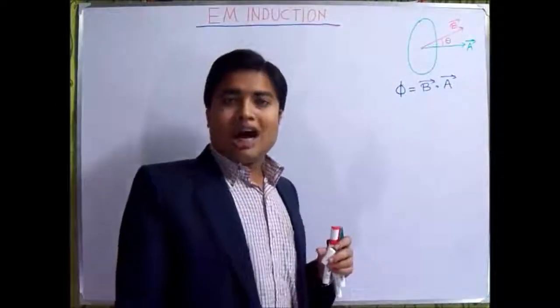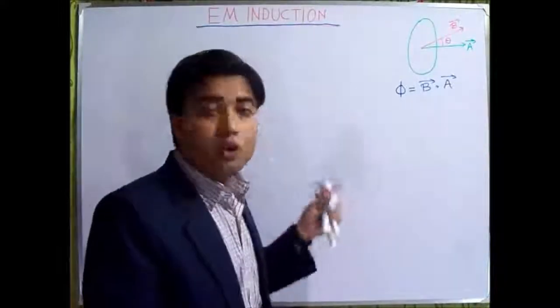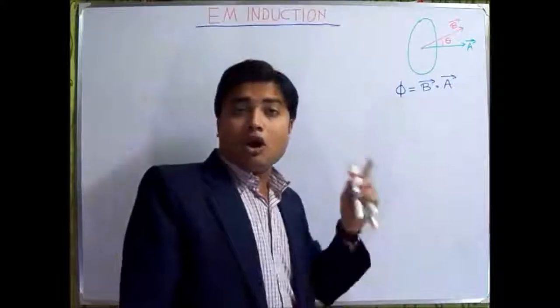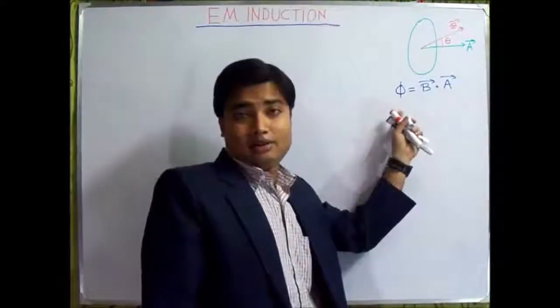From vector notation we know that a dot product of two vectors always gives a scalar quantity.